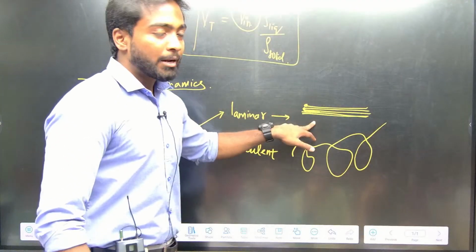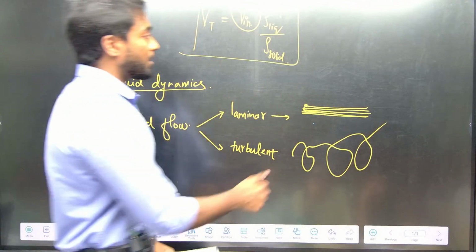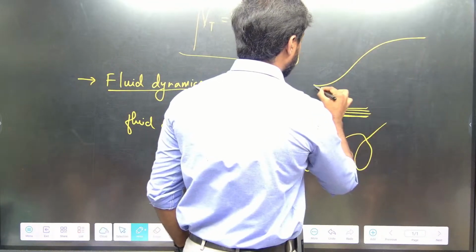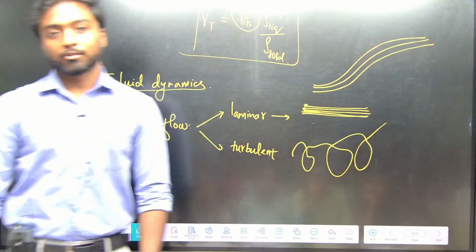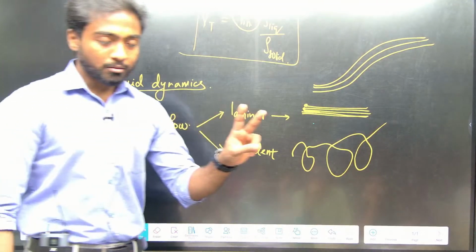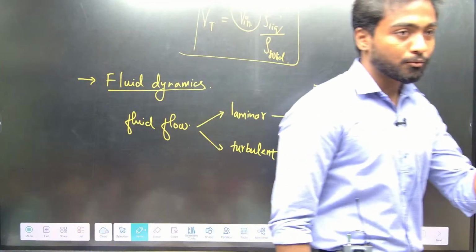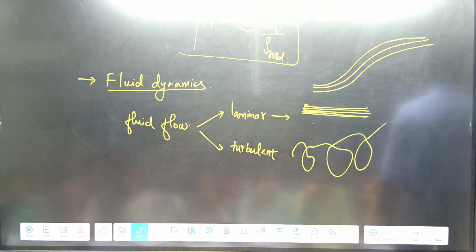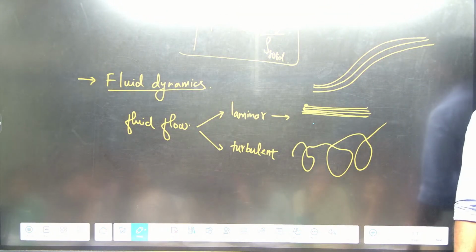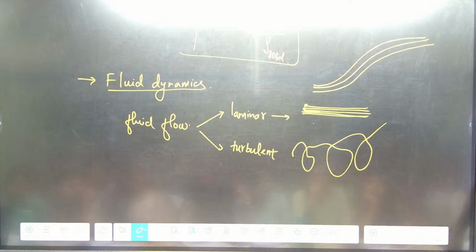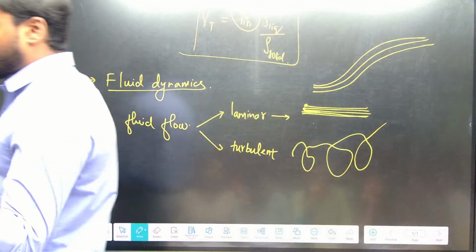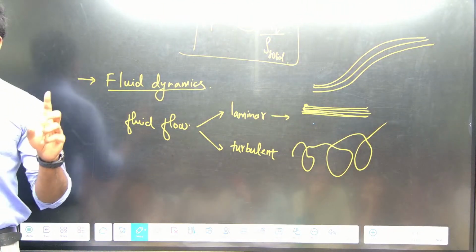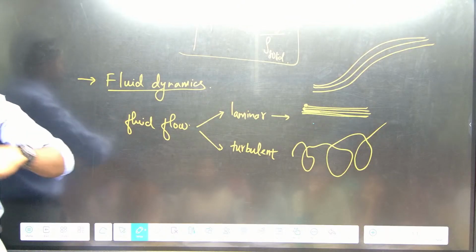If I talk about laminar, it is not only about a straight line, it can be any curve also. So two things, laminar flow and turbulent flow. Laminar flow will be layer by layer, turbulent will be in a zigzag motion. For laminar, there won't be any disturbance between any particles, it will go in a smooth manner.